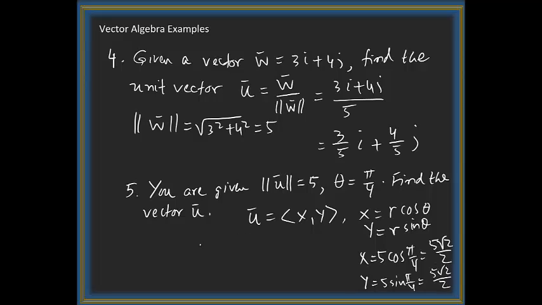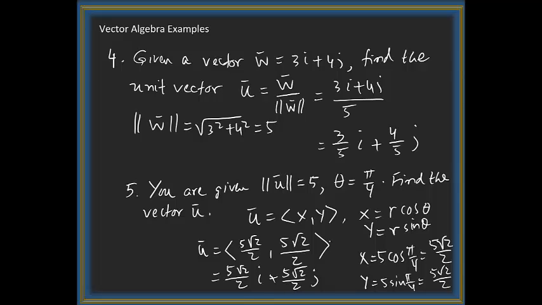So the vector U we have determined is (5 radical 2 over 2, 5 radical 2 over 2). You can also write it in terms of i and j like 5 radical 2 over 2 i plus 5 radical 2 over 2 j. So we are done.